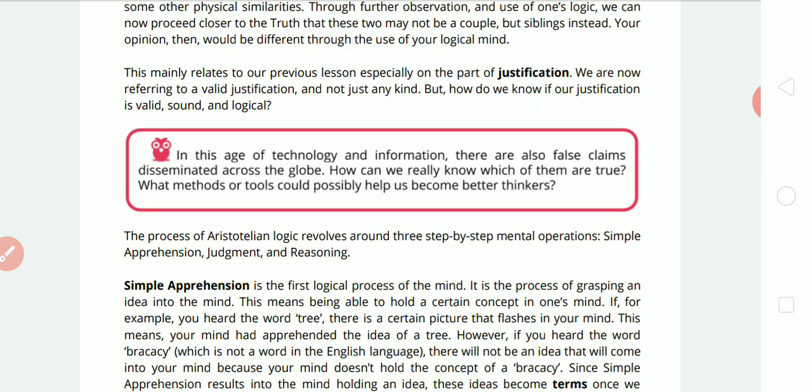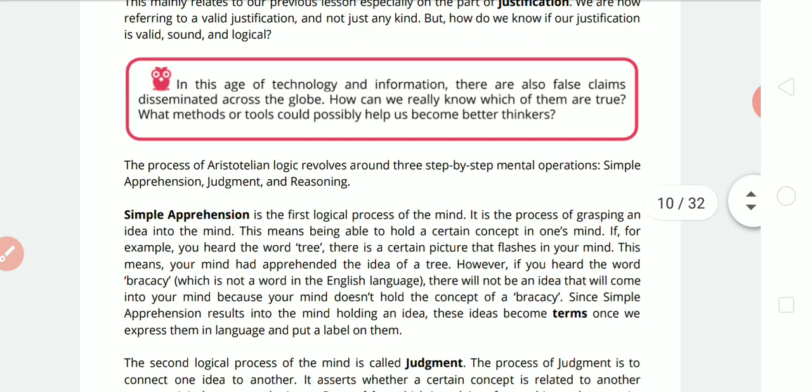Bitaw, unsa jud ang atong gamiton or unsa jud atong i-employ na mga mental skills para maka-arrive jud ta always sa kamatuuran or dili ta ma-fall under falsehood or any superstitious belief.